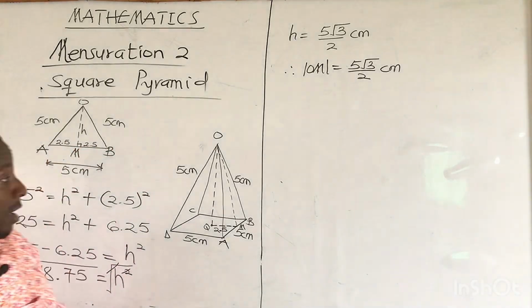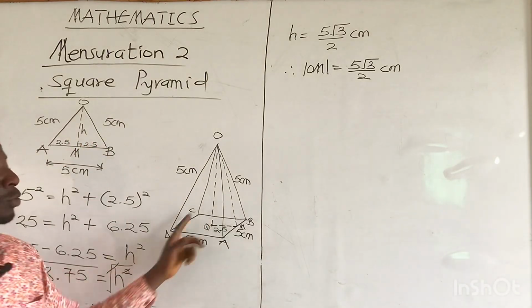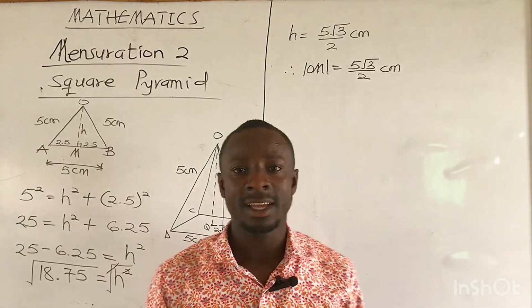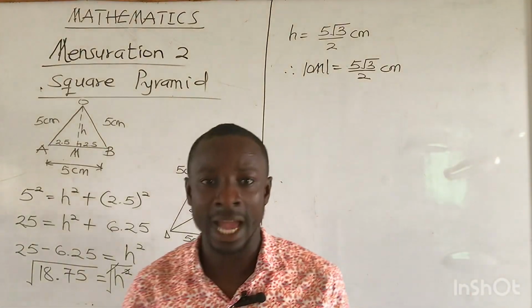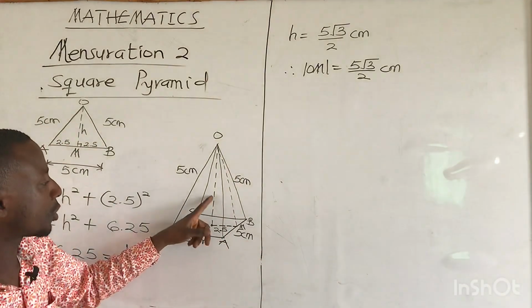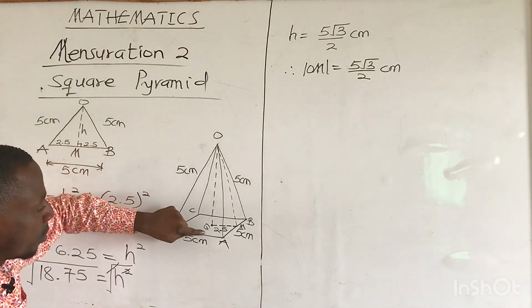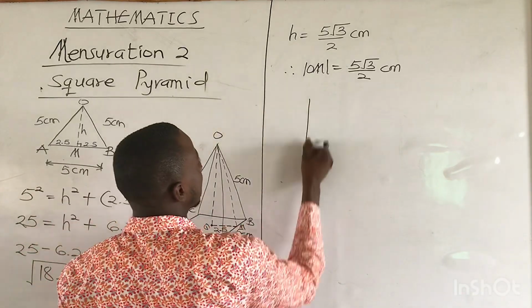Now, viewers, before we can get the height of this pyramid, we have to figure out the short dashes. From here, the short dashes is a right angle triangle. So we have OQ, we have OM, we have QM, which will be like this.